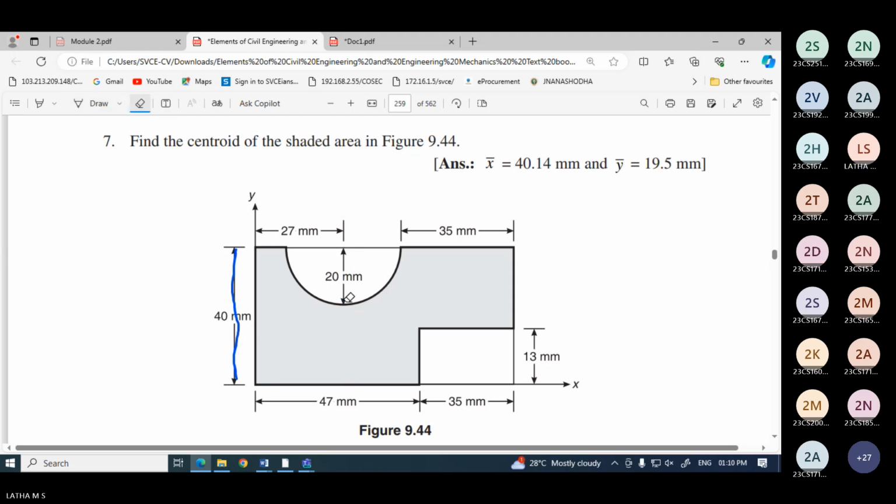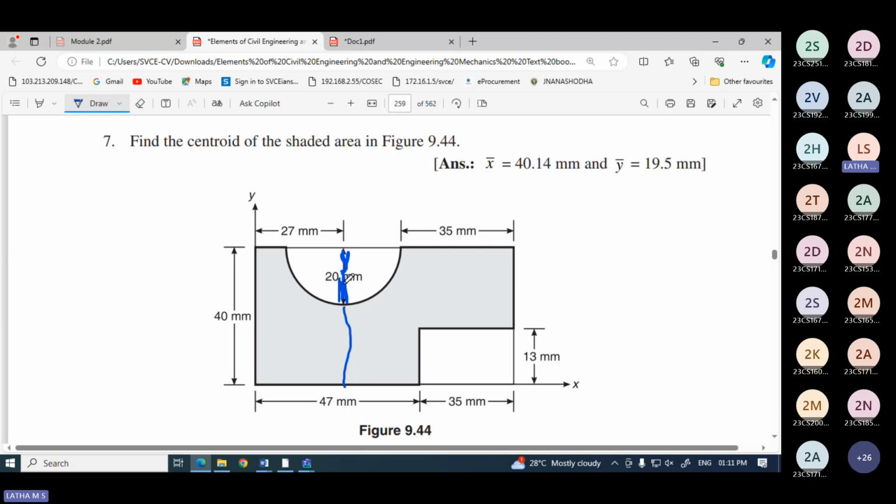Ma'am, we should take the 4r by 3 pi distance and add 20 to it, no? No, see, 20 is only the radius. That's all. For the rectangle, the whole breadth is 40 mm. But what is this distance? I don't know this distance. This distance I know, 4r by 3 pi, because this is the centroid.